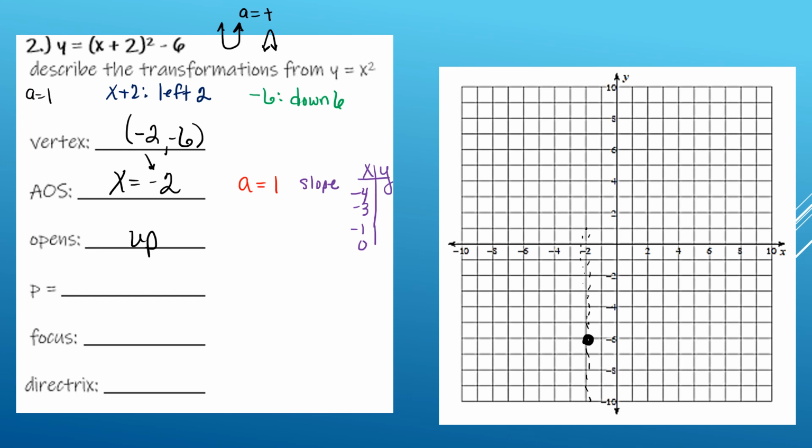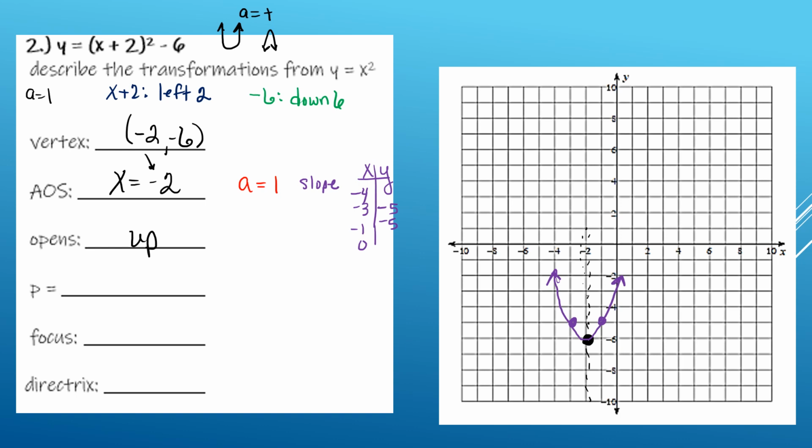And when we substitute in a -3 for x and a -1 for x, I should end up with a y value of -5, because our rate of change in the first set of points is 1, so I'll travel up 1 to the right 1, mimic that on the other side of your axis of symmetry so that you can do a rough sketch of your parabola. And that one opens up, vertex at -2, -6, and our other points are 1 unit away.